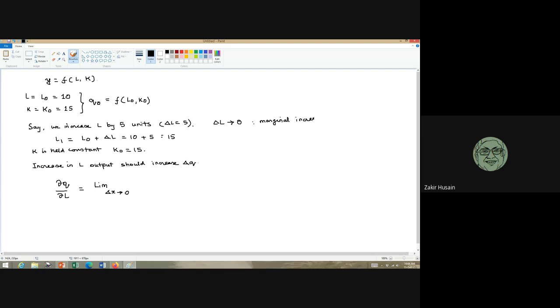It should be a very small increase in L. Okay. Now, what is the new output? The new output is L1 K0, right? Or we can write L0 plus del L, K0.